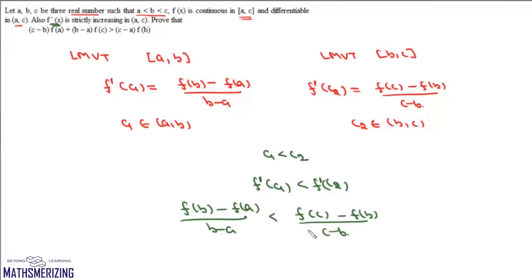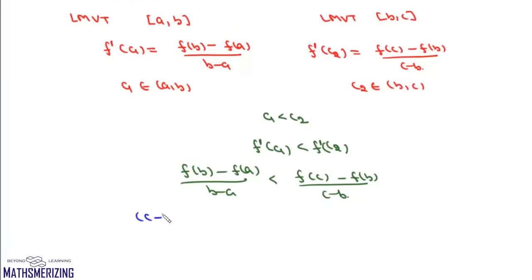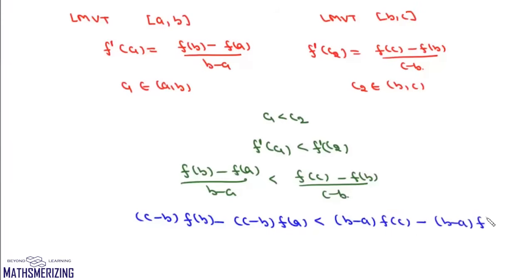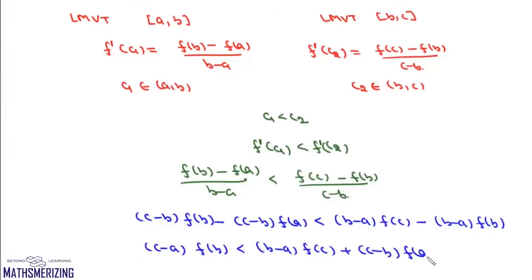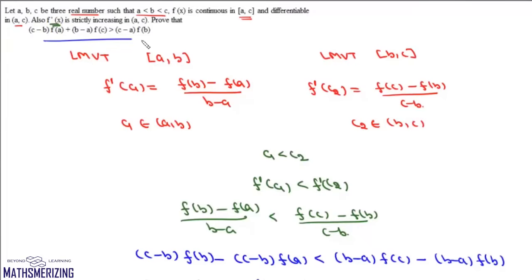Now we cross multiply, we can write (c minus b) fb minus (c minus b) fa will be less than (b minus a) fc minus (b minus a) fb. Now we take fb on the left hand side and fa on the right hand side, we can write (c minus a) fb will be less than (b minus a) fc plus (c minus b) fa, which is what we need to prove.